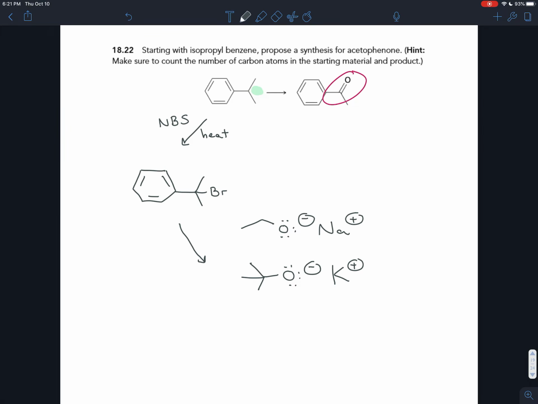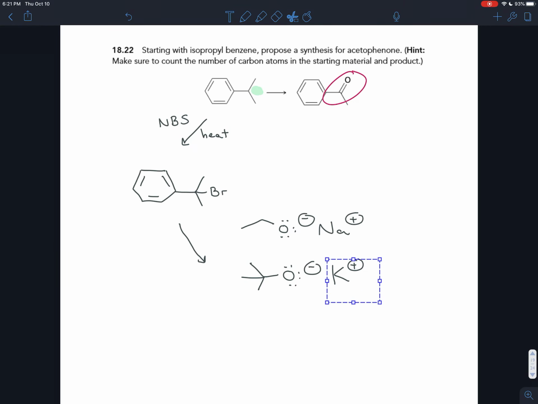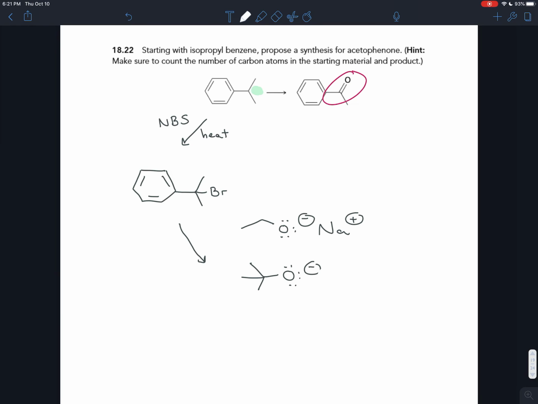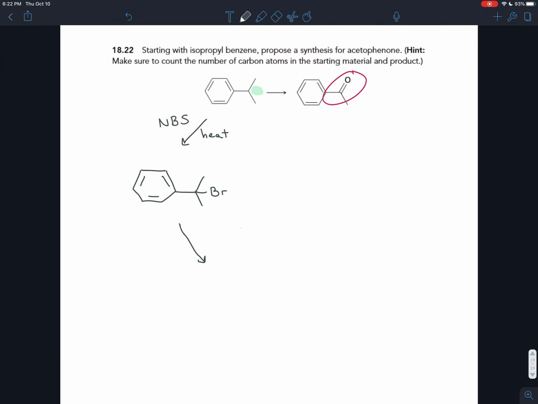What the counter ion is with the positive charge doesn't really matter. You could have potassium ethoxide, or sodium tert-butoxide. Since we used potassium tert-butoxide last time, I'll use sodium ethoxide this time.